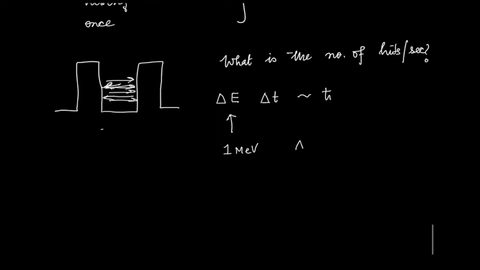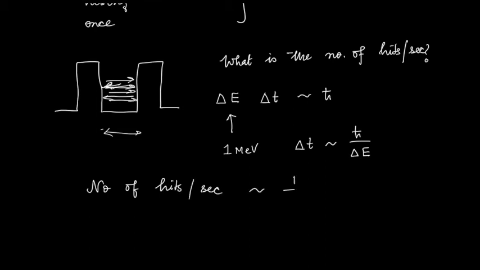So I can figure out the amount of time it spends between the two walls. So that delta t is h cross by delta E. So the number of hits per second roughly goes as 1 by delta t, which is delta E by h cross.